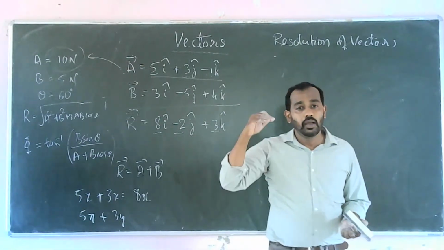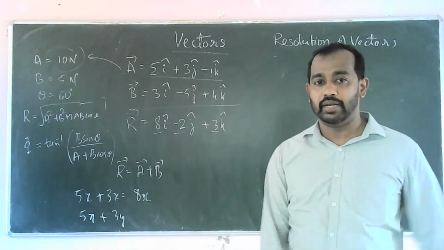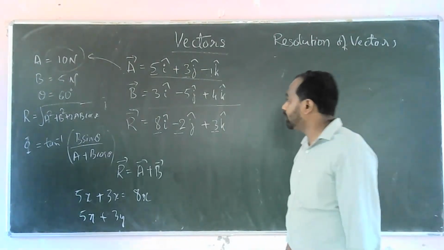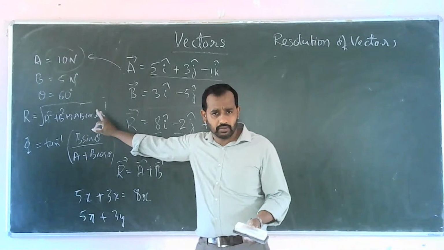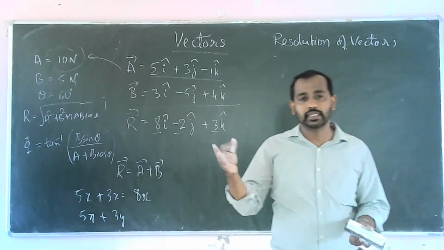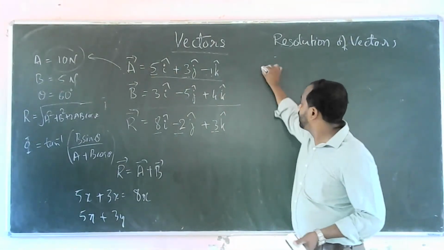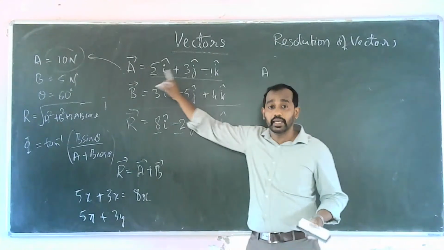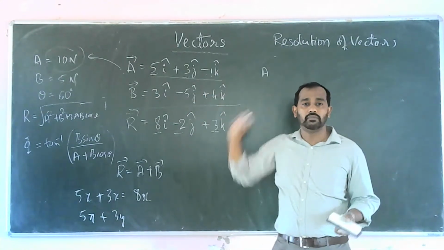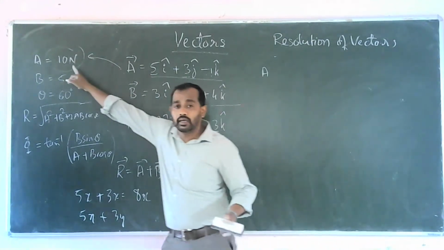That is again a simple formula which will be explained in the next class, but I will give the formula now itself. If we need to find the magnitude of vector A, which is represented in this analytical form, how do we represent its magnitude?